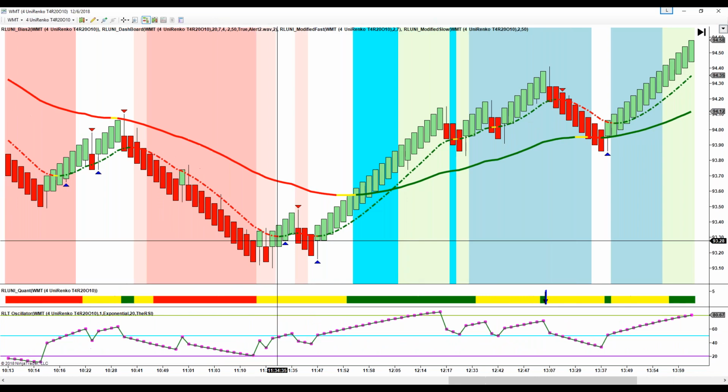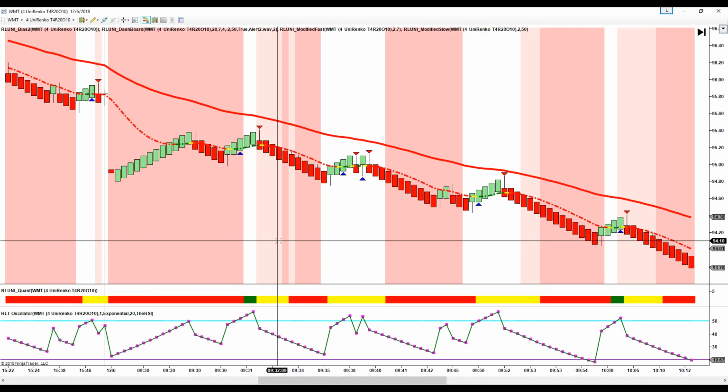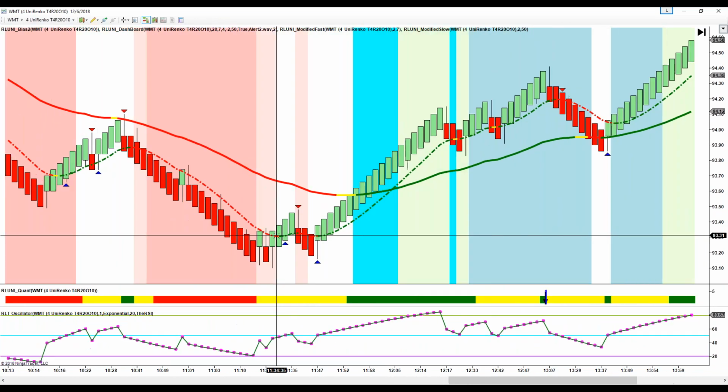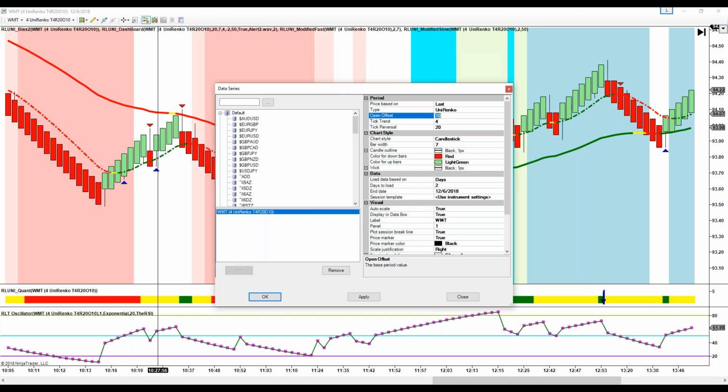All right. Now, Walmart can probably be traded on a 2-unit Renko because it doesn't have the kind of volatility that tech does.